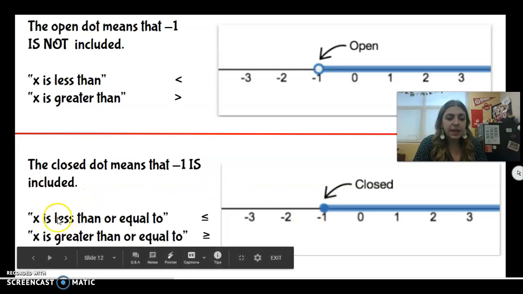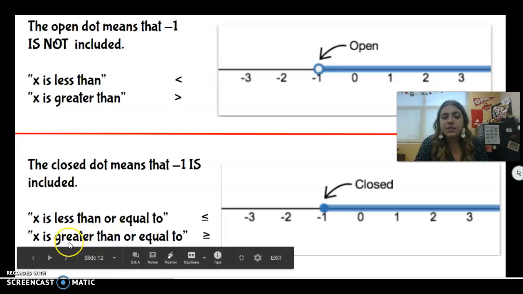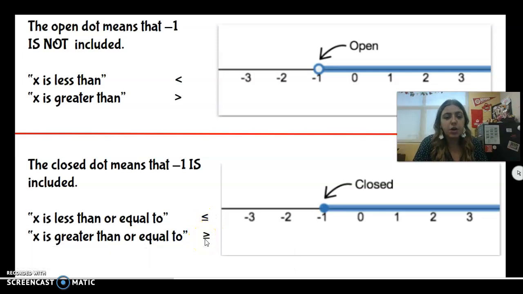And we use that when we say x is less than or equal to. Same thing, x is greater than or equal to. And whenever we write the symbols for x is less than or equal to, we use the less than symbol with a line under it. Same thing with greater than, we use the greater than symbol with a line under it.